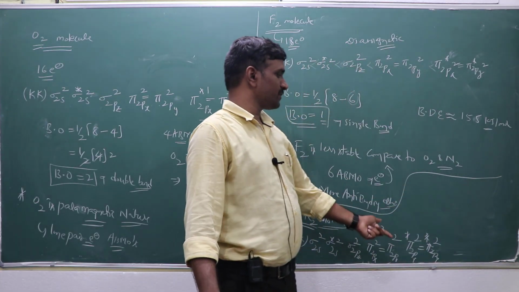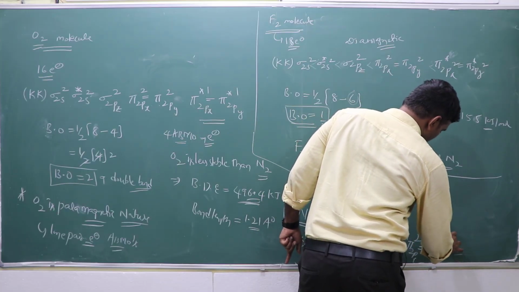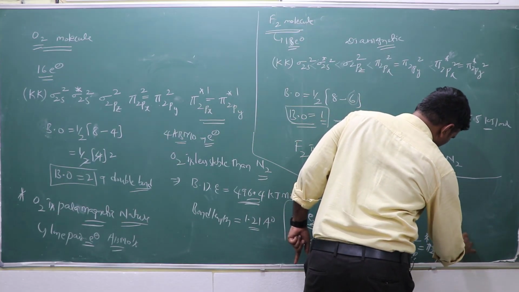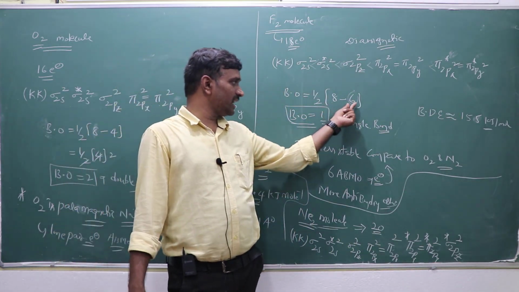Up to this it is the same. After that, one more antibonding orbital, sigma star 2pz2.